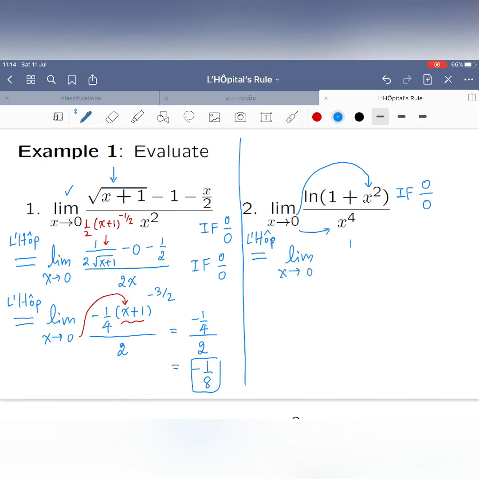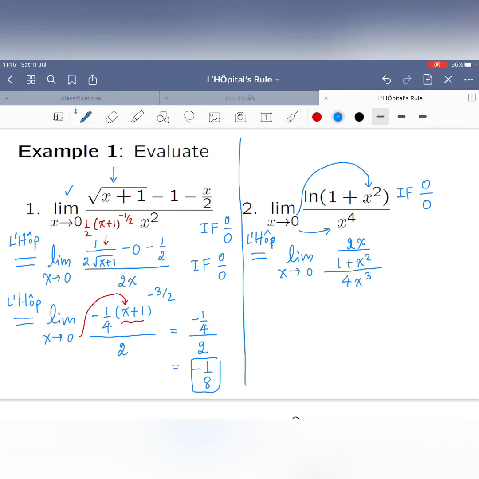So we have 1 over 1 plus x squared, and of course the derivative of the inside gives you 2x, and then on the bottom 4x cubed. And this depends on how good your algebra is.